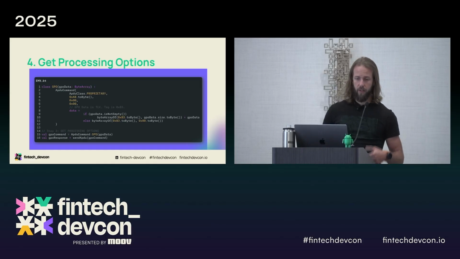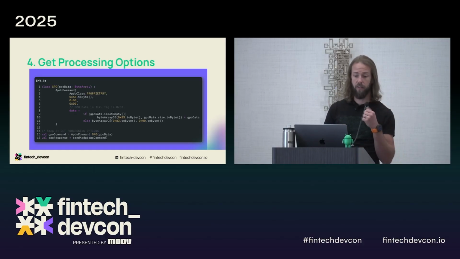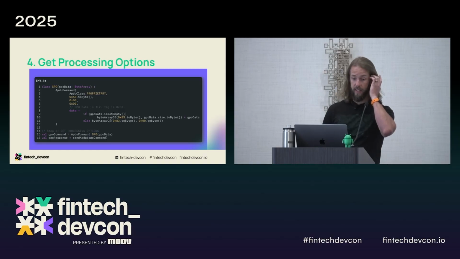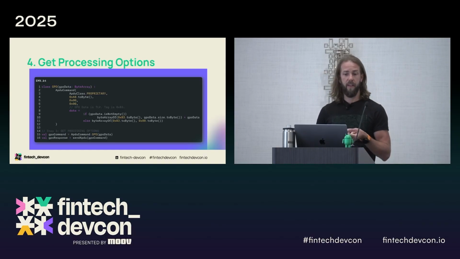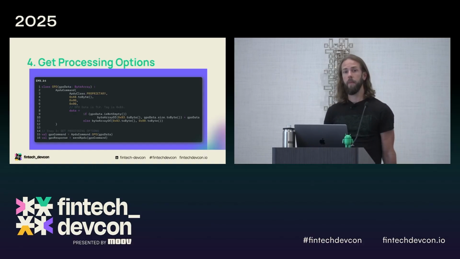So we smash all that together into a byte array, and the GPO command is then TLV. So that's represented by tag 83. So you can see there that we are setting the tag 83, then our length, then our value, putting that into the GPO command and sending that back over to the card.